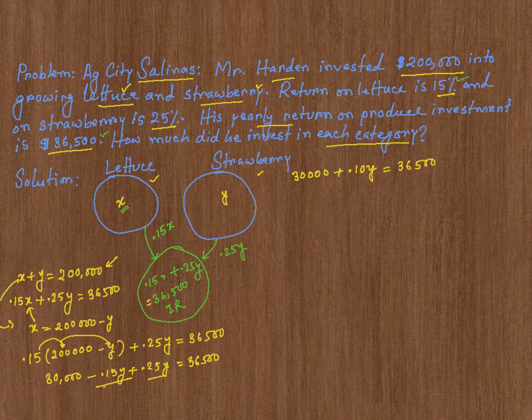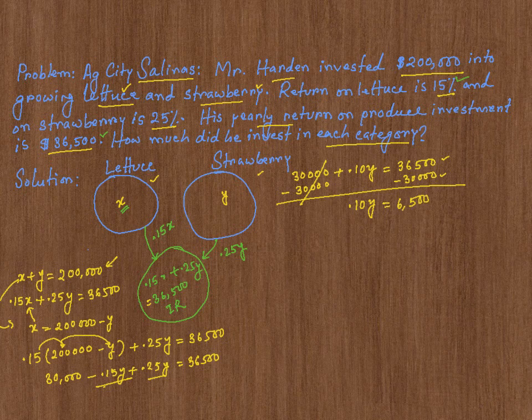Now I'm going to subtract 30,000 from both sides. On the left-hand side, this cancels out, so 0.10Y is equal to, on the right-hand side, 36,500 minus 30,000, which is 6,500.